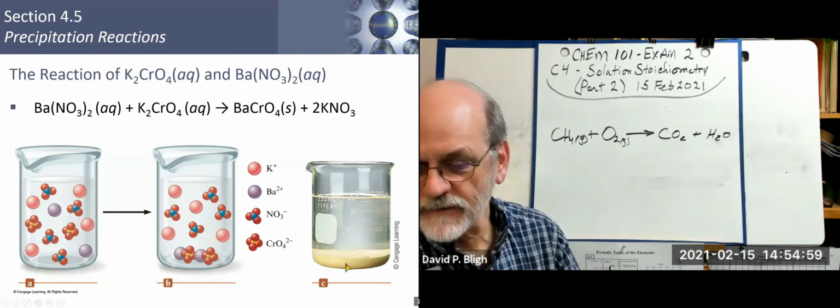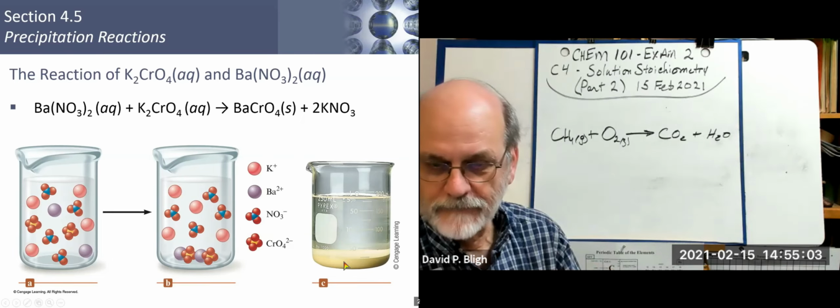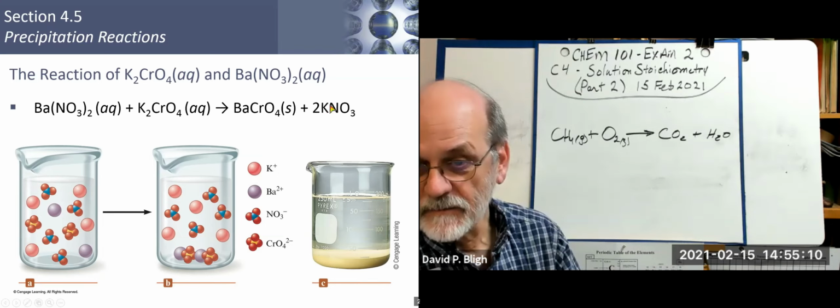And this is a photograph of what really happens. I mean, this is a true picture, right? The potassium nitrate here is still in solution, and it should have an aqueous out here to the side.